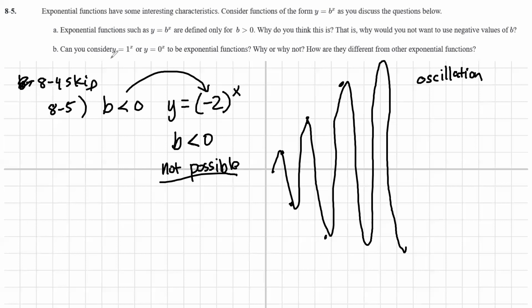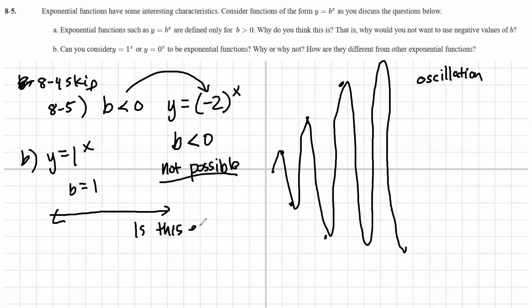Okay. For part B, I've got to move my thing out of the way. Can you consider y equals 1 to the x or y equals 0 to the x to be exponential functions? Why or why not? How are they different from exponential functions? So if we have y equals 1 to the x, what's going to happen when b equals 1? Straight line. It's just going to be 1. Is that an exponential function?